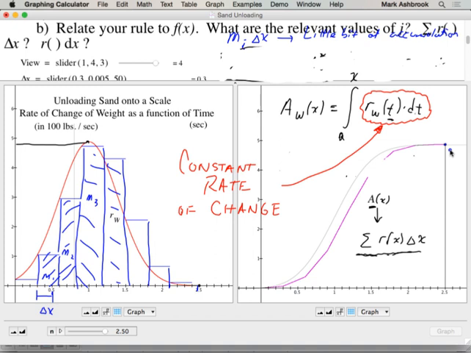So the ending numbers are the same. The calculations are the same. It's just, are you viewing it through the lens of accumulation and rate of change, or through the lens of geometry? Base times height plus base times height. But all the numbers are the same, and so the final answer is the same.